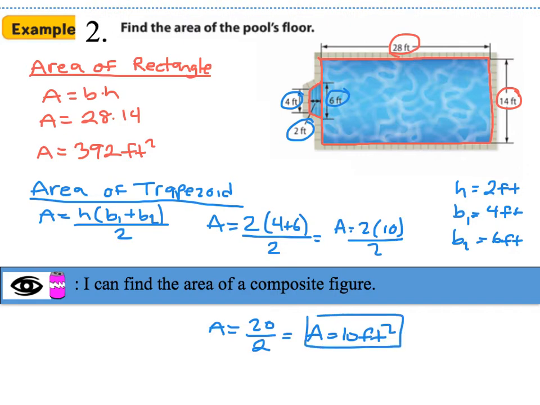So what I have to do now is add the trapezoid and the rectangle together. So 392 plus 10 would give me 402 feet squared. So that would be the area of the entire swimming pool's floor.